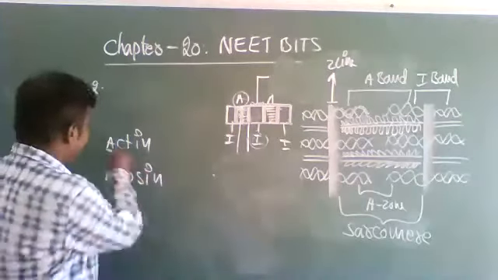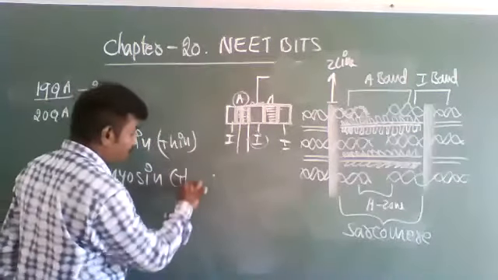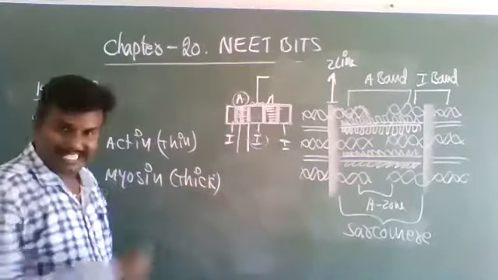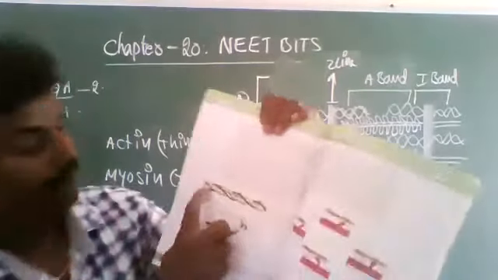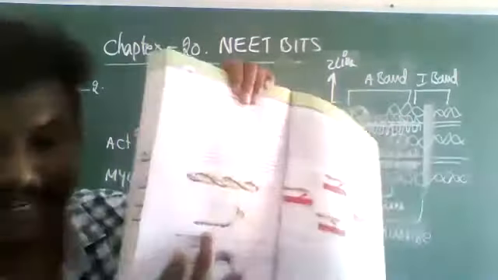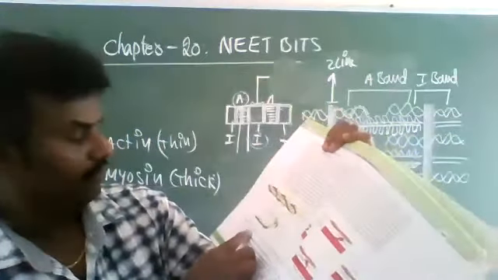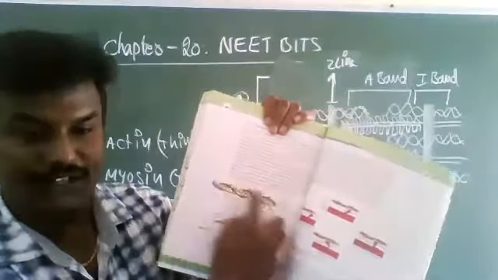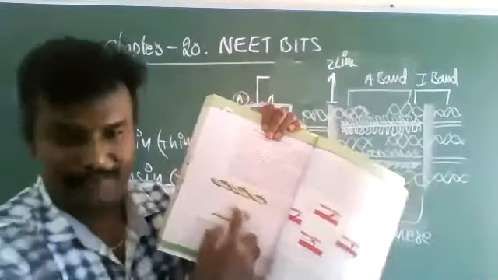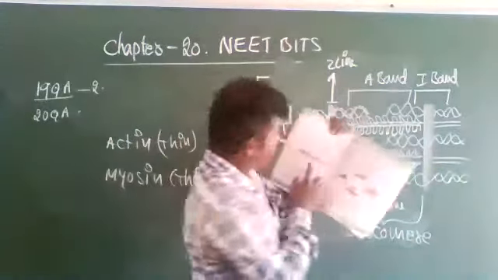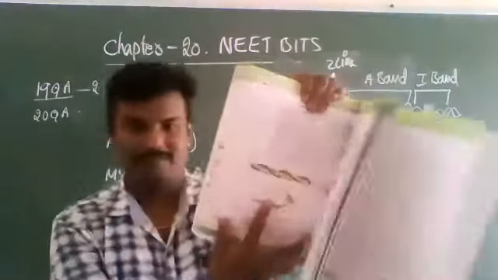Actin is also called the thin filament, a contractile protein, with a spiral-like structure. This is the thick filament. This is the thin filament. This is the thick filament, downside.